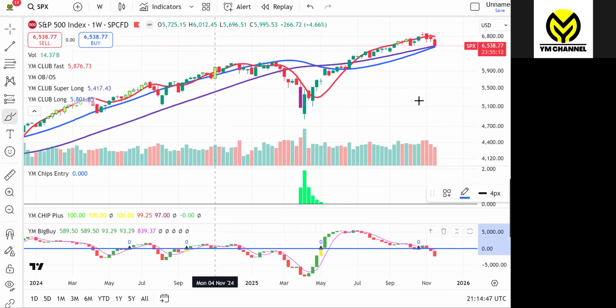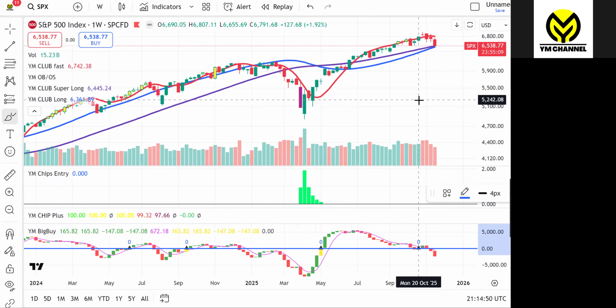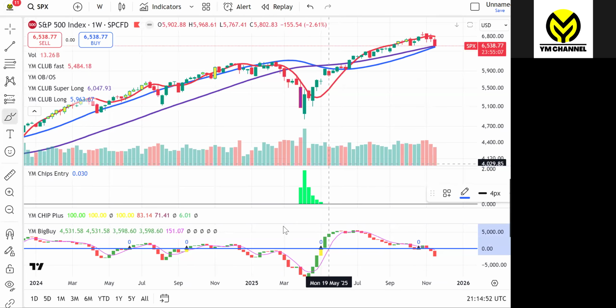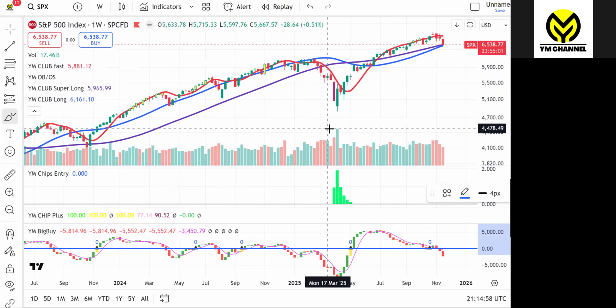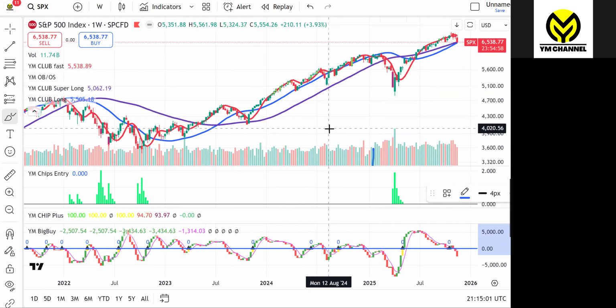Some stocks are selling crazily, but some stocks start to have buying, the YM chip entry, on the daily chart, even on the weekly chart. Okay, so this is critical. It means the money is switching from the super hot, super overbought stocks, for example Nvidia, to other stocks still in the hot sector, but that fewer people talk about.